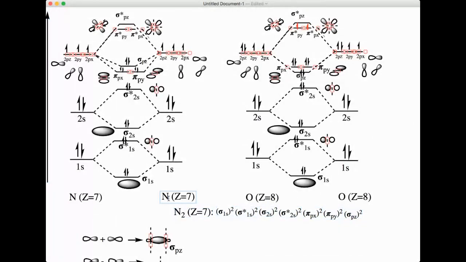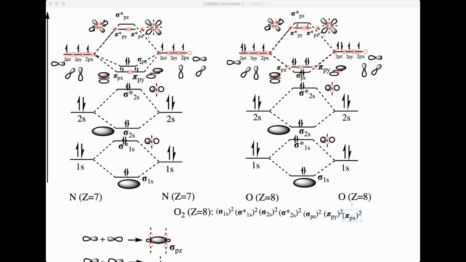So the molecule of O2, atomic number 8, will be sigma 1s, sigma star 1s 2, sigma 2s, sigma star 2s 2. Now we have the order change, right? So now we have sigma pz2, pi py and pi px2. Yes, Karen.